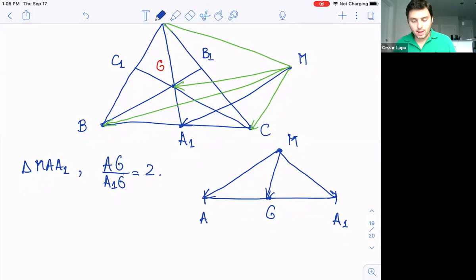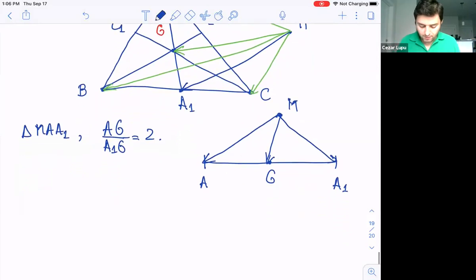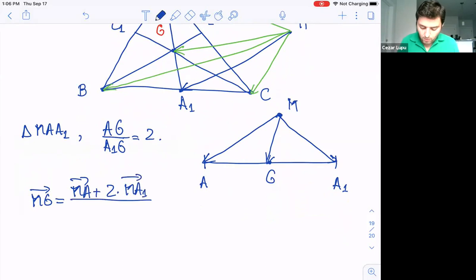So applying that previous lemma, it follows that MG vector will be MA vector plus k, which in our case will be 2 times MA1 vector, over 1 plus 2, which is 3.